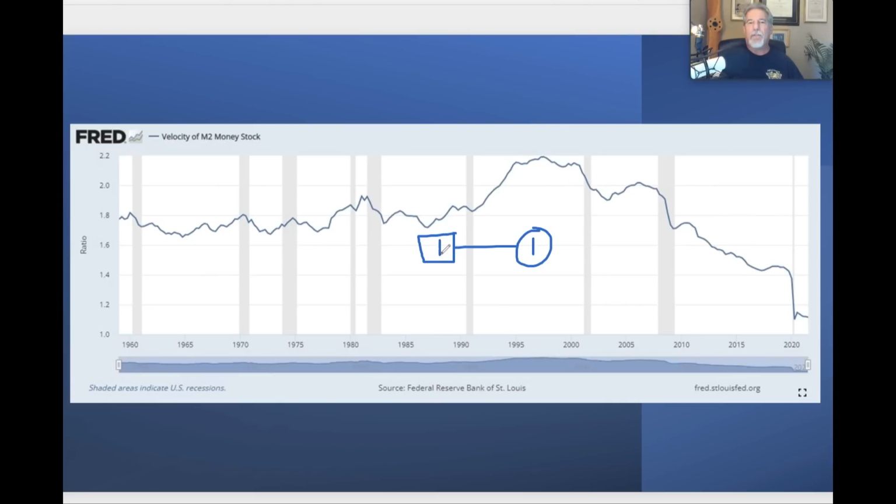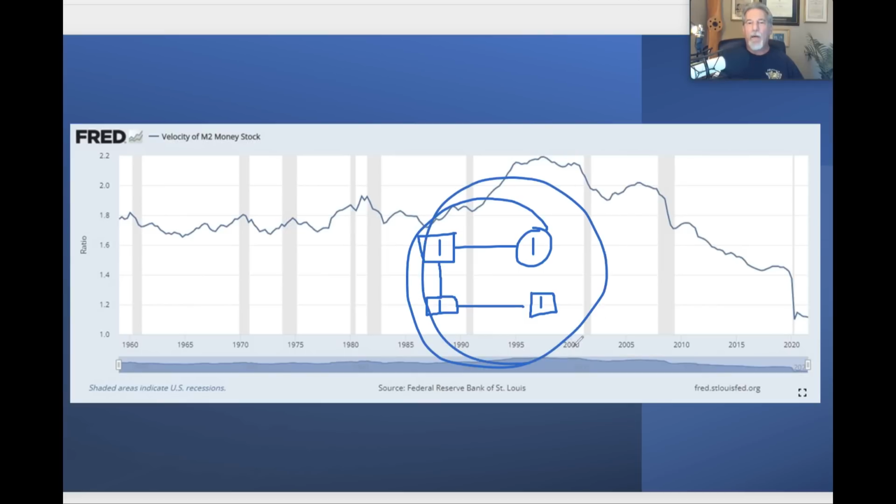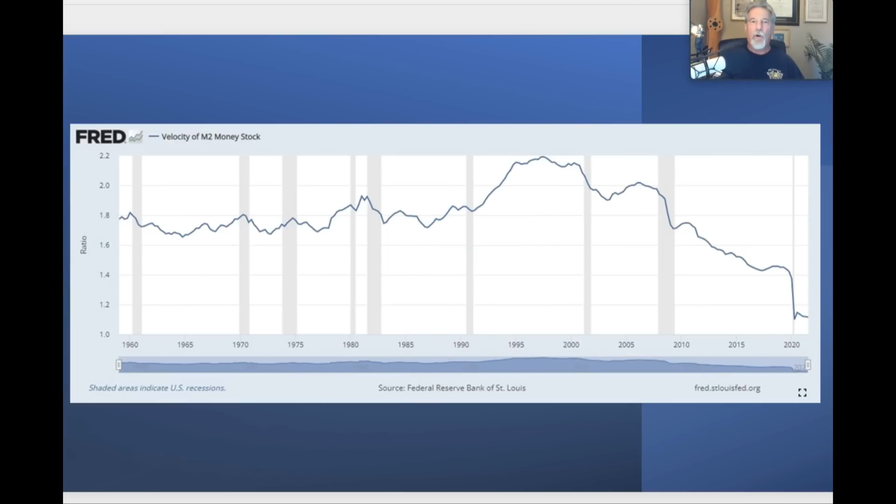The bartender, after checking out, takes that same dollar, gives it to the Uber driver right here, and then the Uber driver goes to the gas station and puts that dollar in the gas tank. What is that? That is the velocity of money: the rate at which the dollar is changing hands across the nation in our economy.